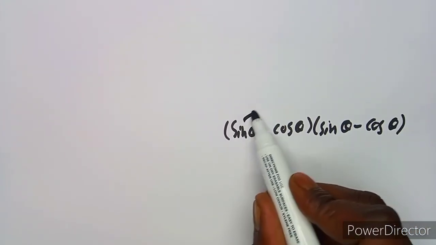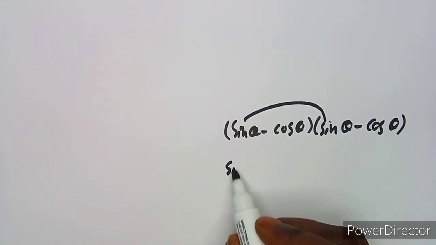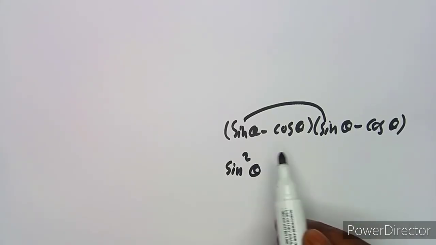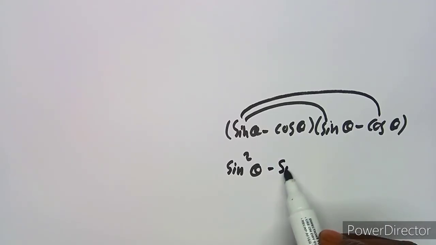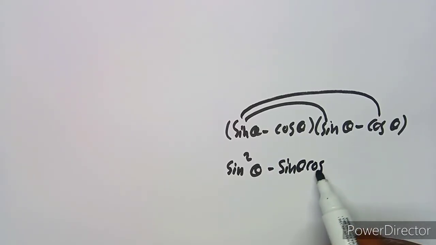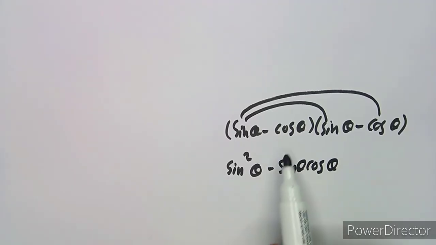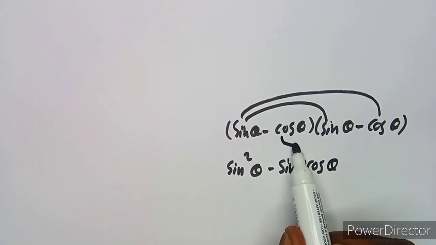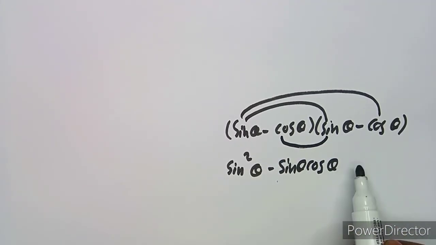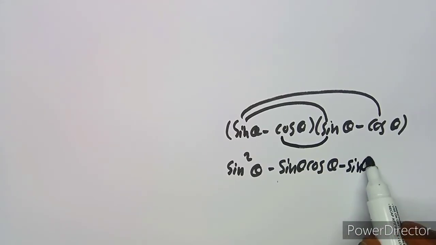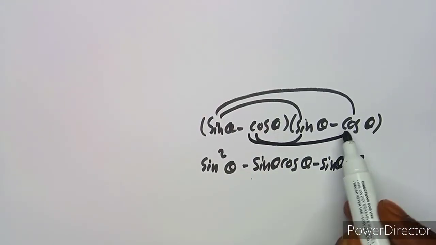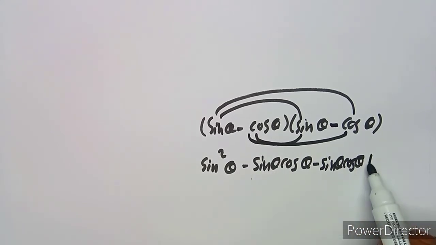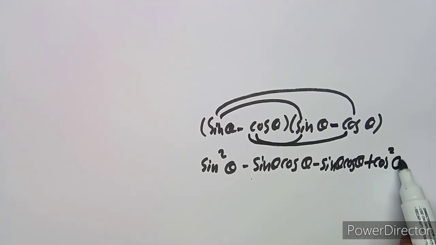All right, so it's going to be sine times sine, which is sine squared theta. Then sine and minus cos, so it's minus sine theta cos theta, like this. We are done with sine. So it's now minus cos and sine, so you write it like this, minus sine theta cos theta, so that you don't confuse yourself there. Then minus cos theta and minus cos, that's minus minus, which is a plus, so it's plus cos squared theta.